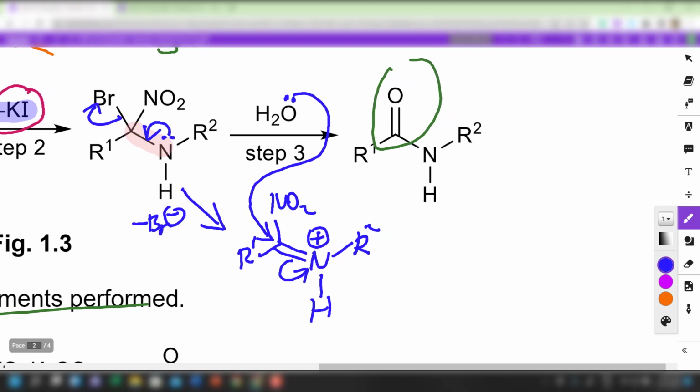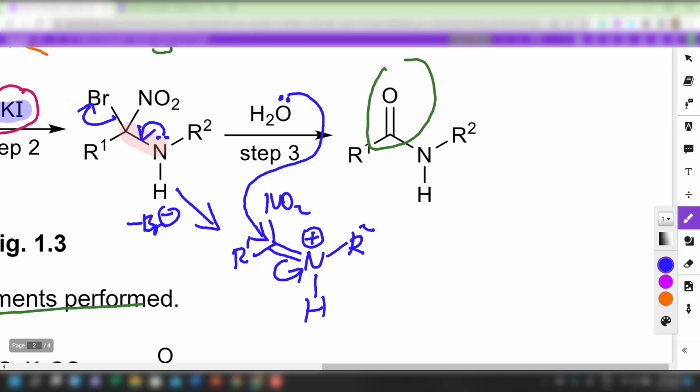Something like this. I think that will be useful. And then after that, I'm going to have my R1 here, and perhaps I'm just going to draw out my NO2, so that we know if we need the NO2 for any mechanism drawing.